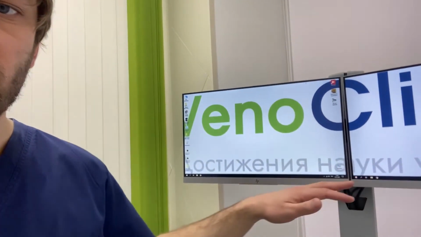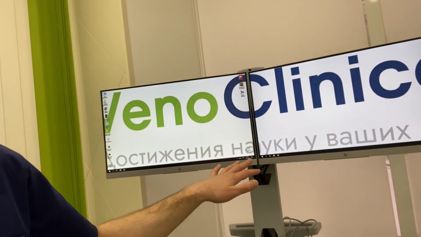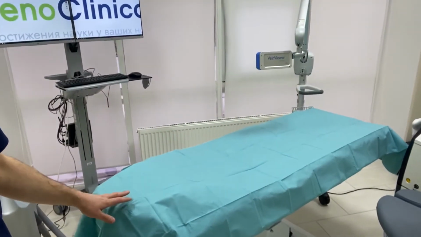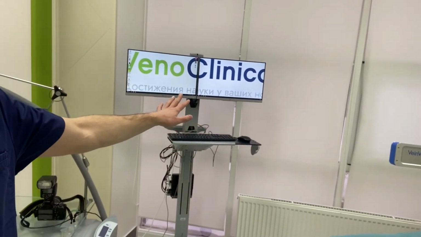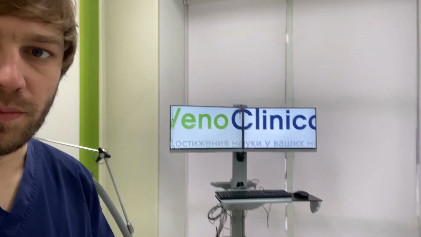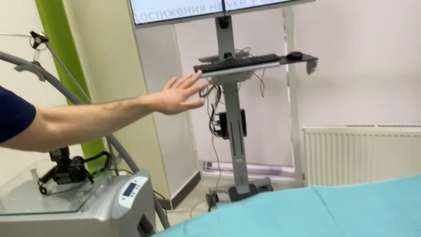So the patient can immediately compare before and after. It's very important. The patient is lying here and can see the pictures in any position, including supine, and that is why these screens are standing on this side.